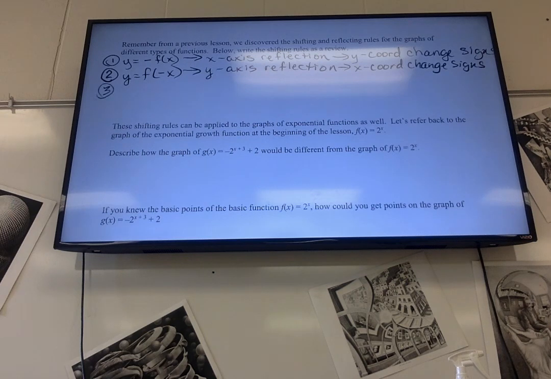We know that in a function, if you add or subtract a number on the end, for an exponential function, that's going to be your horizontal asymptote, but for every other point, it's going to shift it up or down depending on if it's positive or negative.